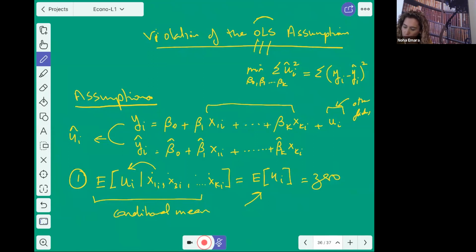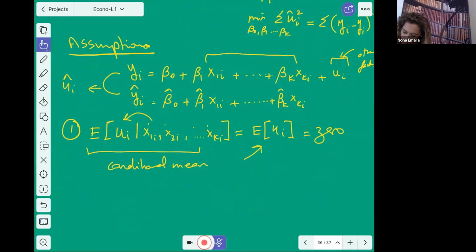Okay, so if you give me any value for x, the mean of the distribution of these factors is 0. And this has an important implication, which basically says that there is no connection between the error term and x.